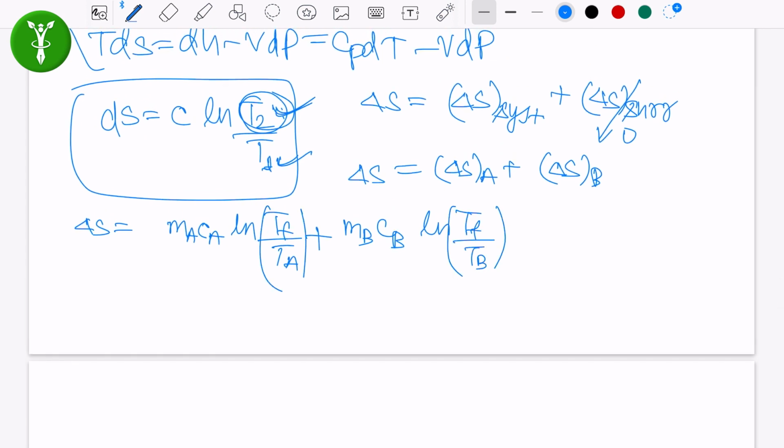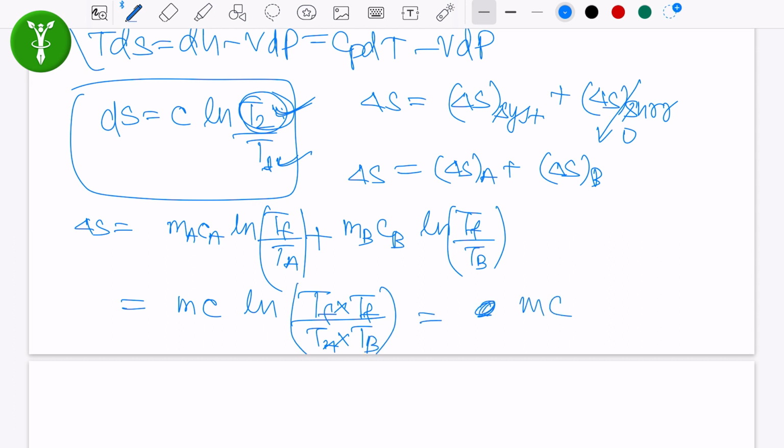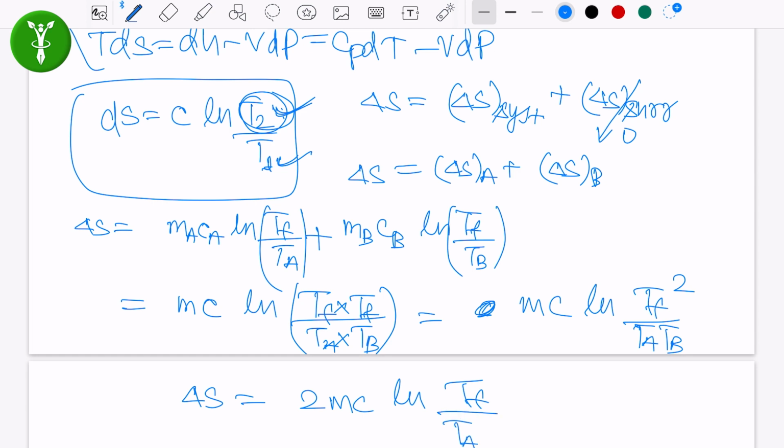Now MC we can take common. So this will be ln of TF into TF divided by TA into TB. We can directly write MC ln of TF squared divided by TA TB. So delta S will be 2MC ln of TF divided by the square root of TA into TB.